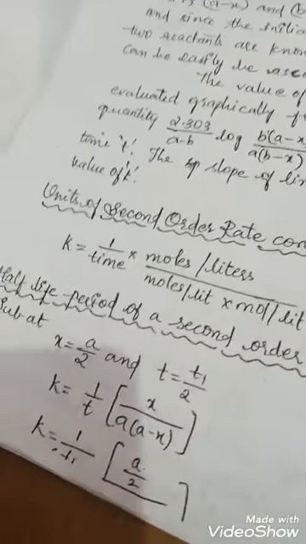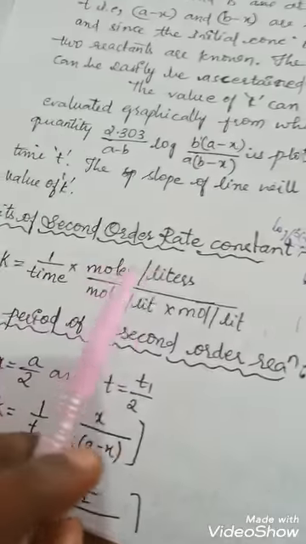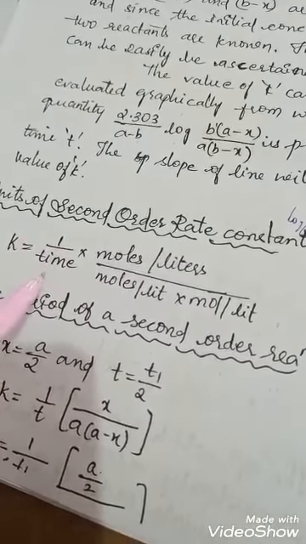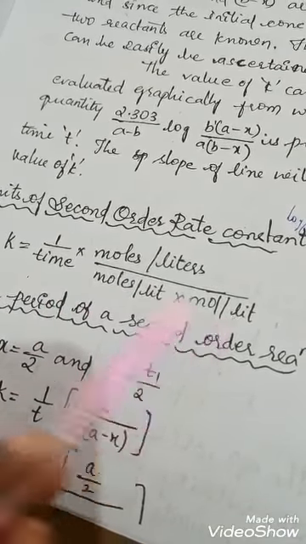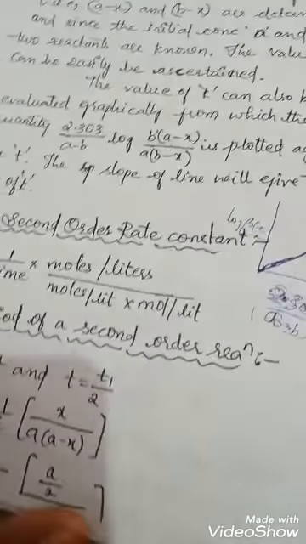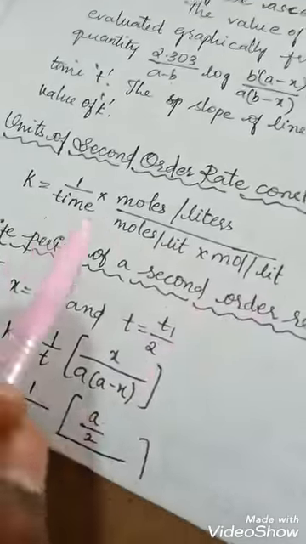Okay, straight line. Next one, units of the second order rate constant. k equal to 1 by t into moles per liter by moles per liter into moles per liter. What happens? The moles per liter cancel. So we get mole inverse liter, time inverse.